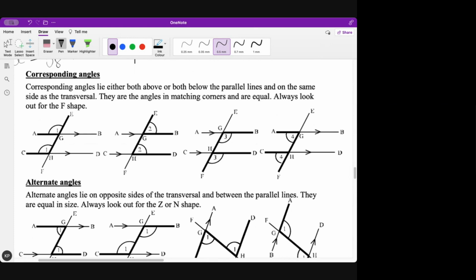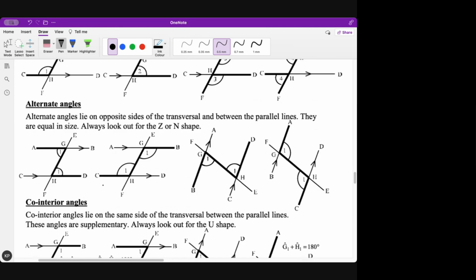Does this stuff look familiar to you guys? Can I get a thumbs up, thumbs down? It's okay if it doesn't. Just be honest. Okay, so it seems all of us have seen this before.